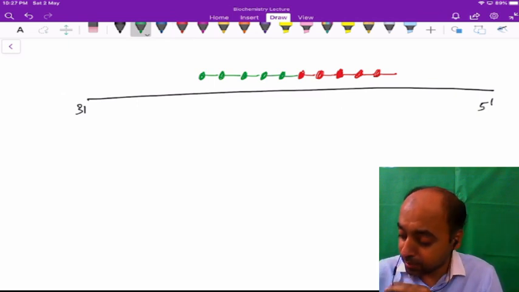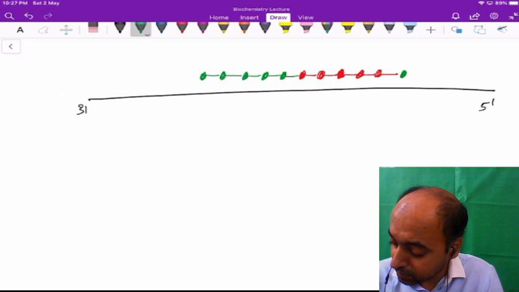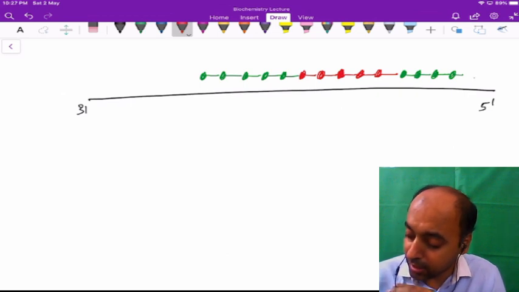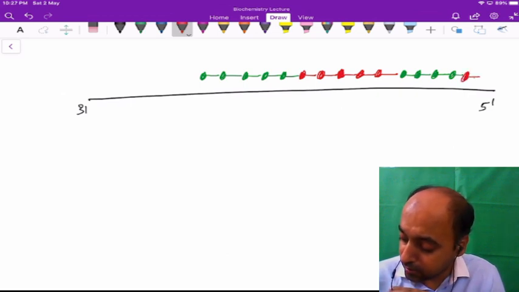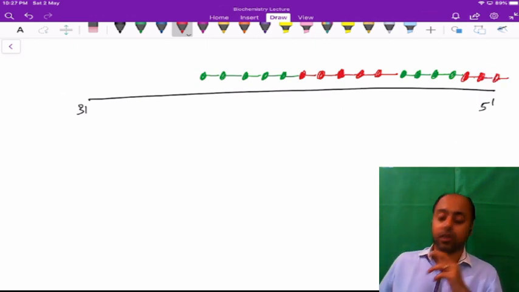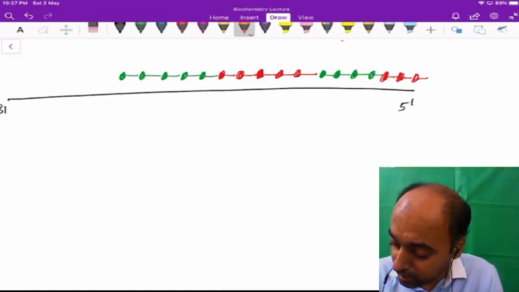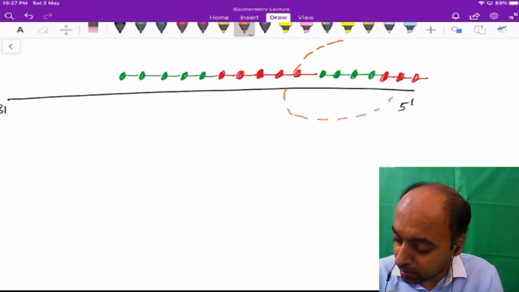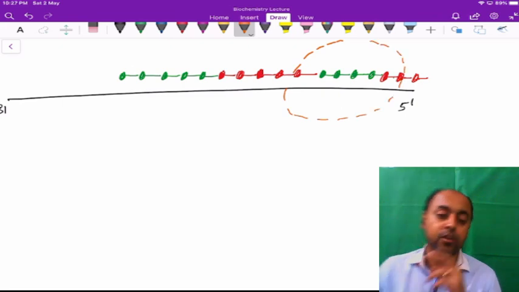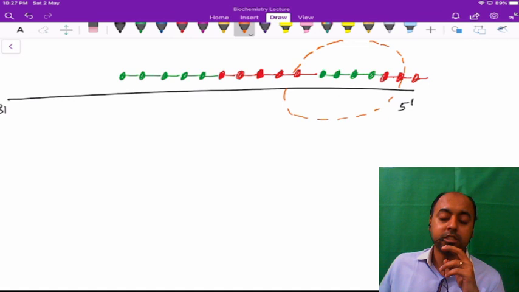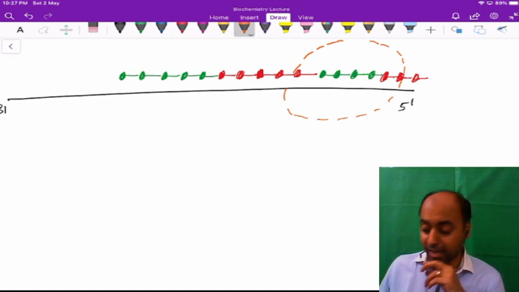Similarly we have another primer, and beyond that another nucleic acid. Okay, so the DNA polymerase 1 will come over this area where the RNA meets the DNA. This is where it will come in.